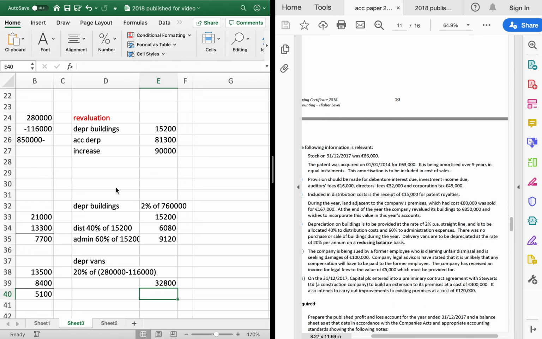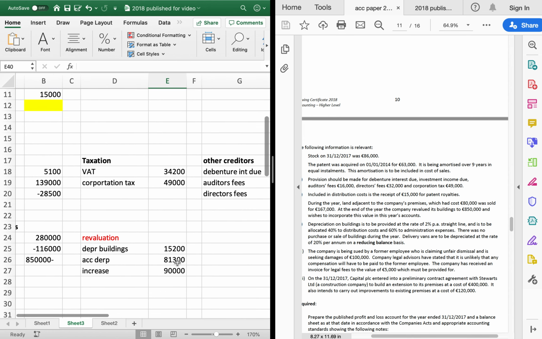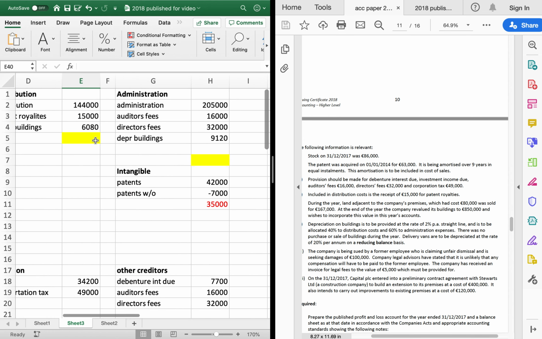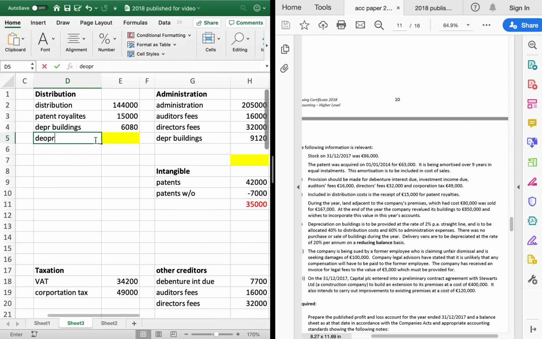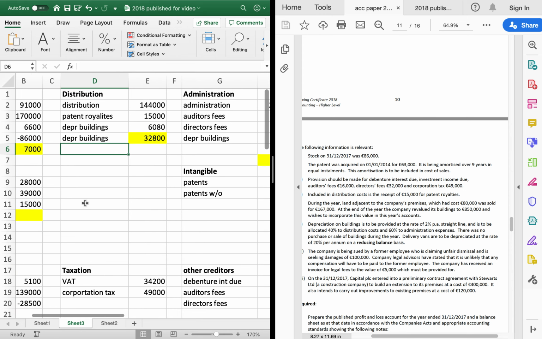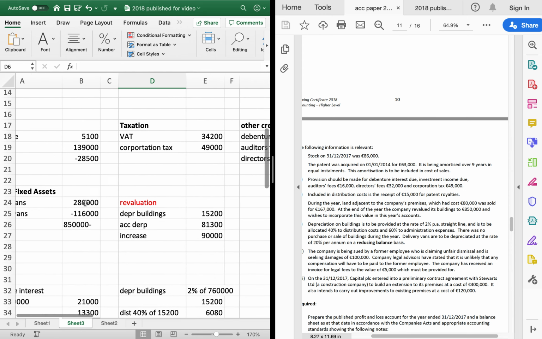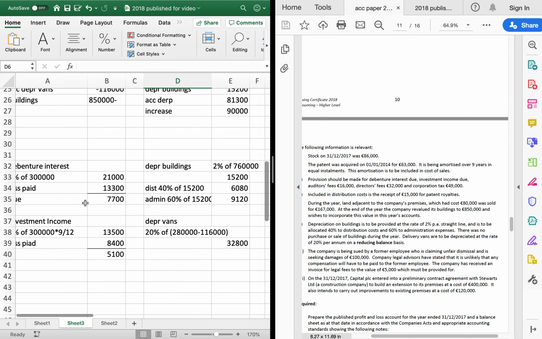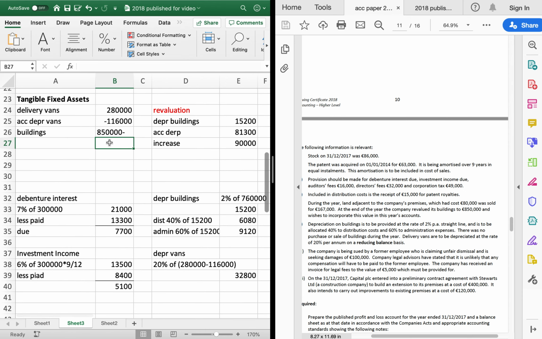So again, reducing balance can come in anywhere. Reducing balance just means depreciation of the leftover amount, not the cost price. So that 32.8 has got to be a selling and distribution expense. So 32.8 on our first page, and then for your fixed assets, it would be minus 32.8 here.